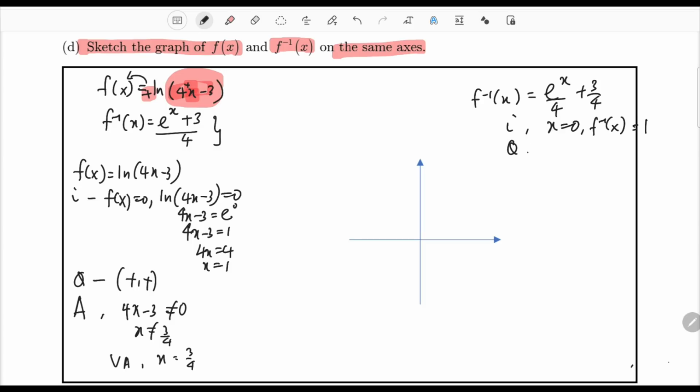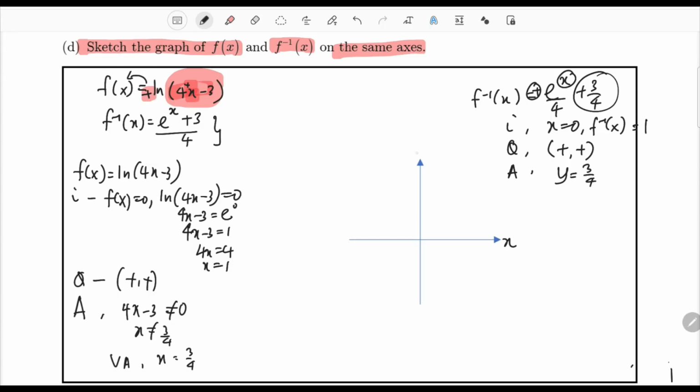And then Q for quadrant, again this is positive, positive. And then for the asymptote, we will get y equal to 3 over 4.